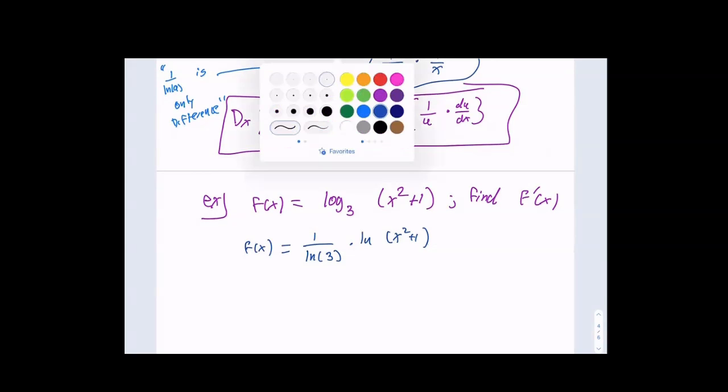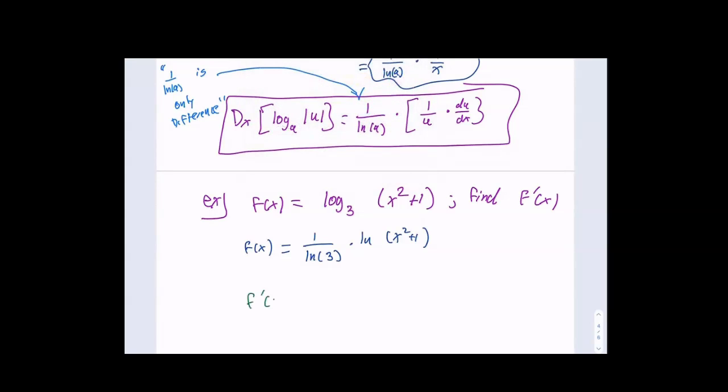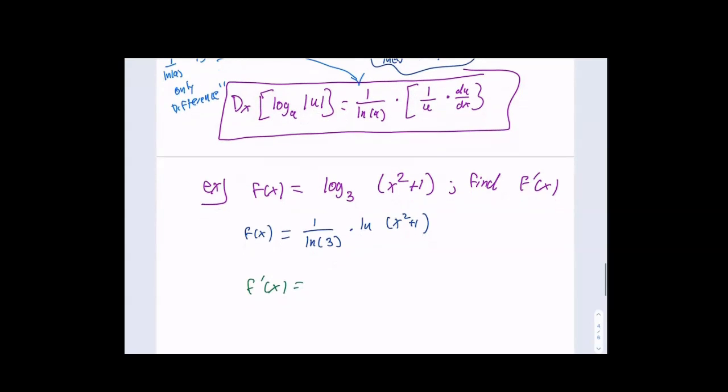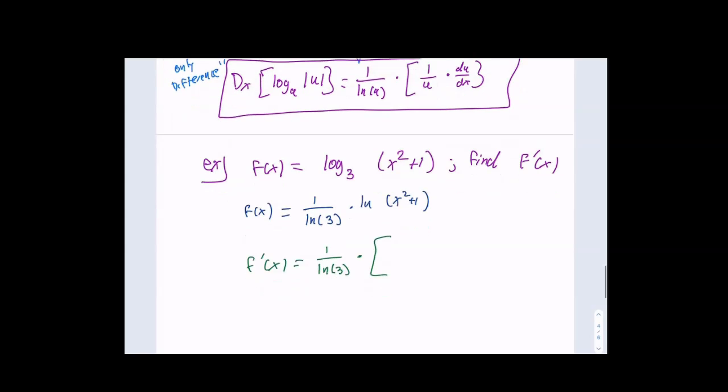So when I take the derivative, f prime of x, well, that's a constant multiple. So my derivative is 1 over natural log of 3 times the derivative of the natural log of x squared plus 1.